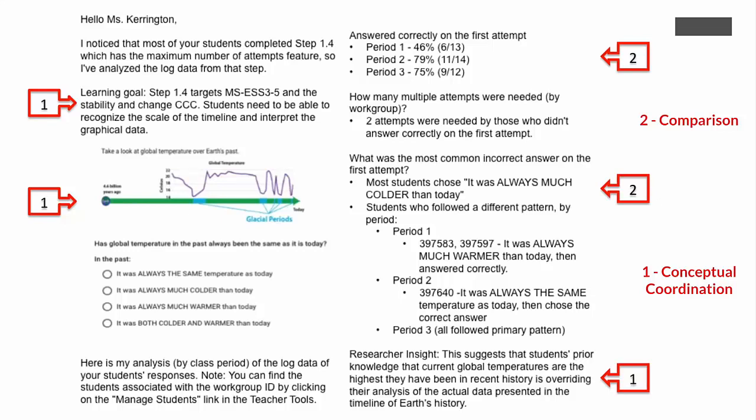We also included a researcher's insight, which was our synthesis based on our analysis of what might be leading to students choosing a particular pattern of incorrect answers. This was also included in the response. For each of those 7 items, this response was provided to teachers.